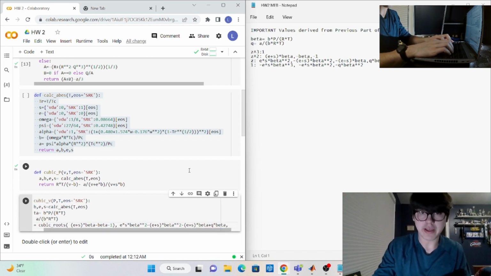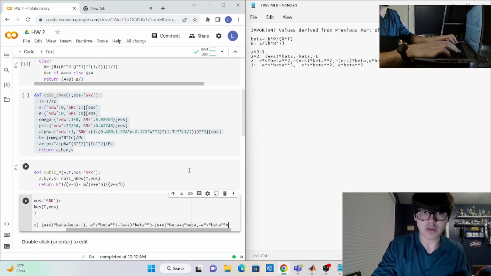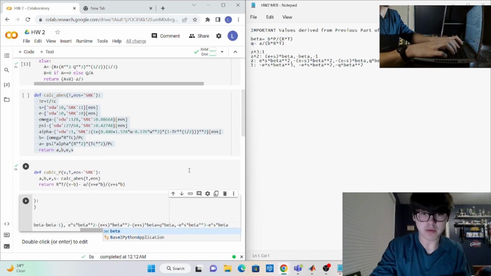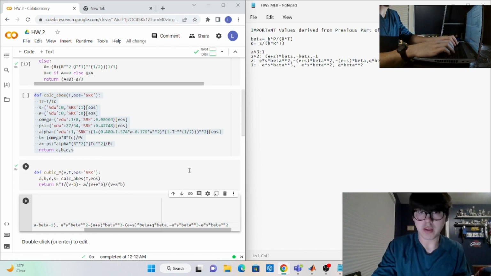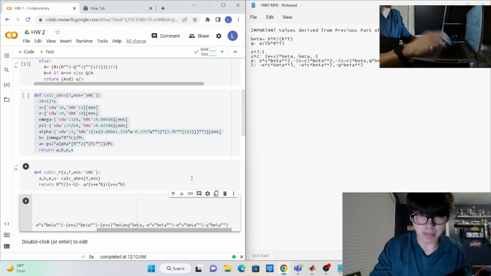And then our last will be minus E times S times beta cubed minus E times S beta squared minus Q times beta squared.